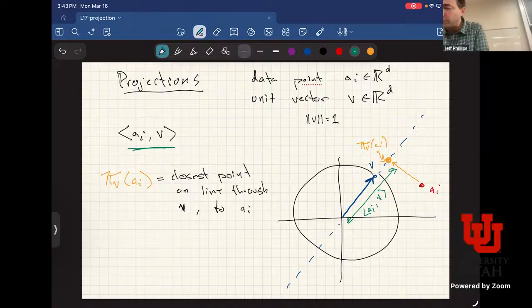This is true because v is a unit vector, so the dot product is measuring the length. But that doesn't tell me what this object is. Is this a scalar value? Is this a length? What is this projection?